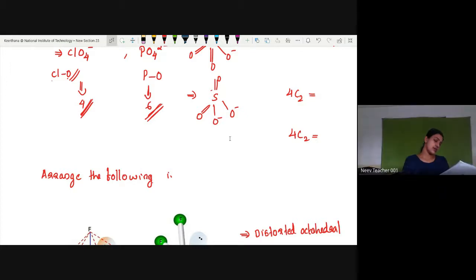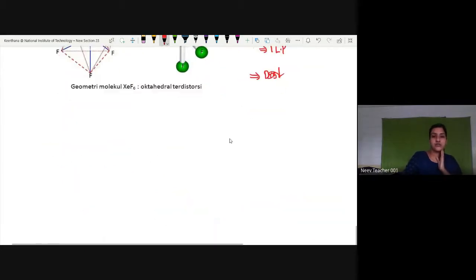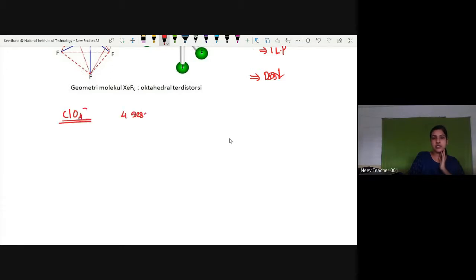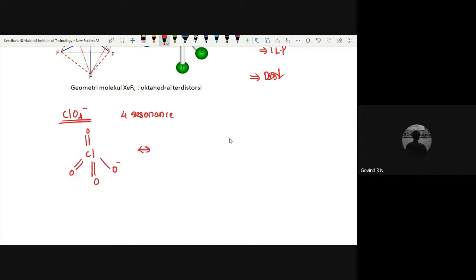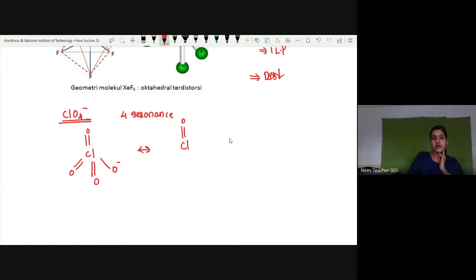So how will you find this bond order? What is the equation? So ClO4 minus has 4 resonance structures. Cl double bond O, double bond O, double bond O, and O minus. 7 by 4. You can draw 4 resonance structures.